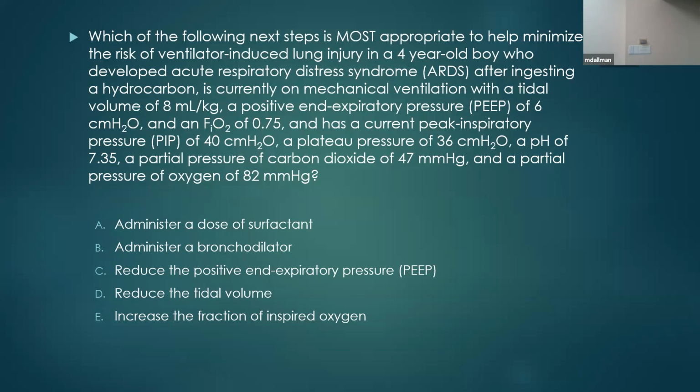Which of the following next steps is most appropriate to help minimize the risk of ventilator-induced lung injury in a 4-year-old boy who developed respiratory distress after ingesting a hydrocarbon and is currently on mechanical ventilation with a tidal volume of and a blood gas showing a pH of 7.35, a partial pressure of carbon dioxide of 47 millimeters mercury, and a partial pressure of oxygen of 8.